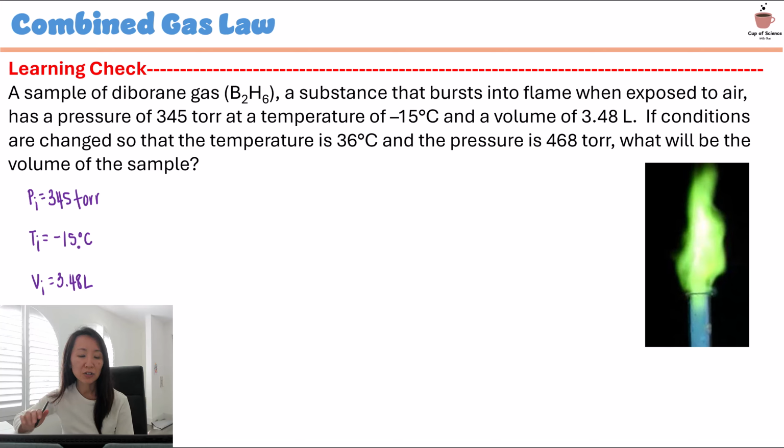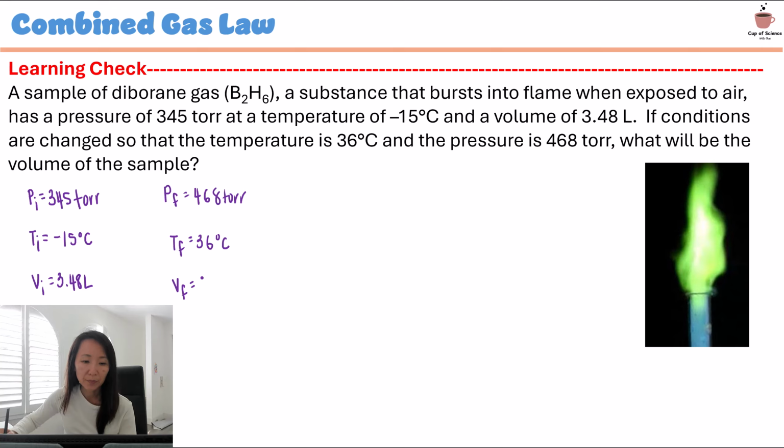If conditions are changed so that the temperature is 36 degrees, so now my T final is 36 degrees Celsius. The pressure is 468 torr. What will be the volume of the sample? So it's looking for volume.